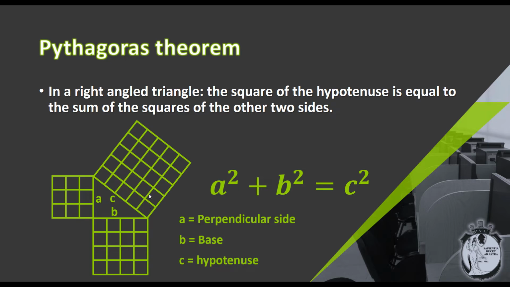If you calculate the square of every side, for example here, the square of 3, 3 times 3 is 9. 4 times 4 is 16, and 5 times 5 is 25.